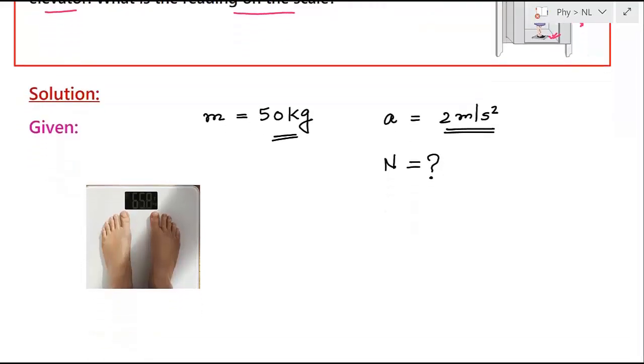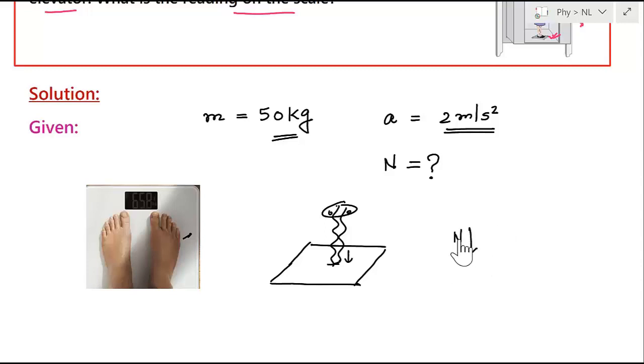To further illustrate this, when you stand on any weighing scale, you try to push the weighing scale, so you are applying a force. Let's say this is your weighing scale and you stand on it. What exactly are you doing? You are pushing the weighing scale in the downward direction. Let's say the amount of this force is N, and the same force, the normal reaction N, is applied by the weighing scale onto you.